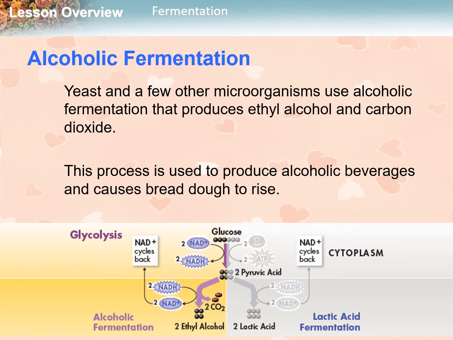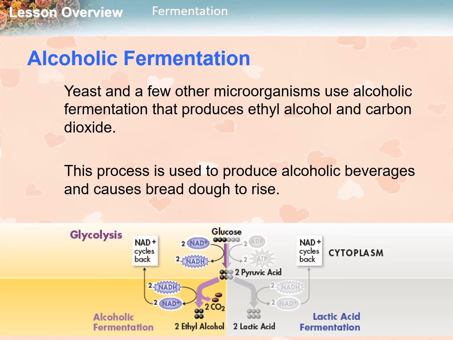So again, I have mentioned already there are two types of fermentation, the alcoholic and lactic fermentation. So let's have first the alcoholic fermentation. Yeast and a few other microorganisms use alcoholic fermentation that produces ethyl alcohol and carbon dioxide. This process is used to produce alcoholic beverages and causes bread dough to rise.